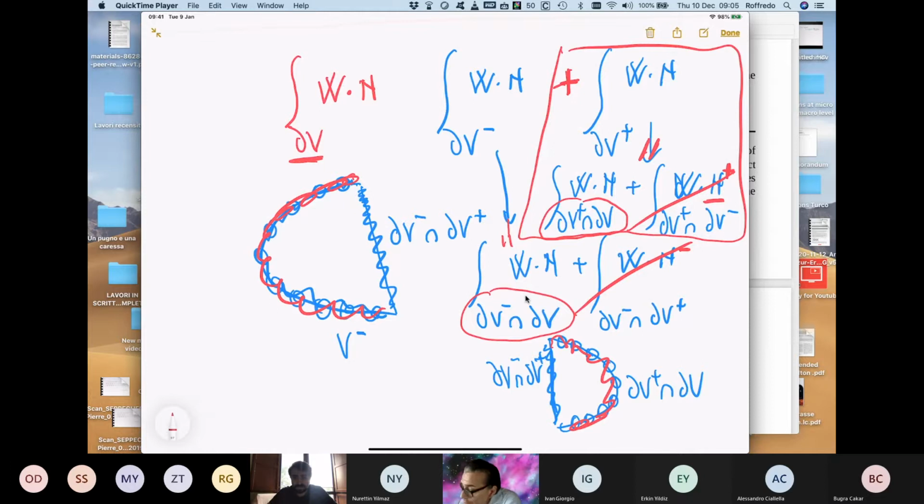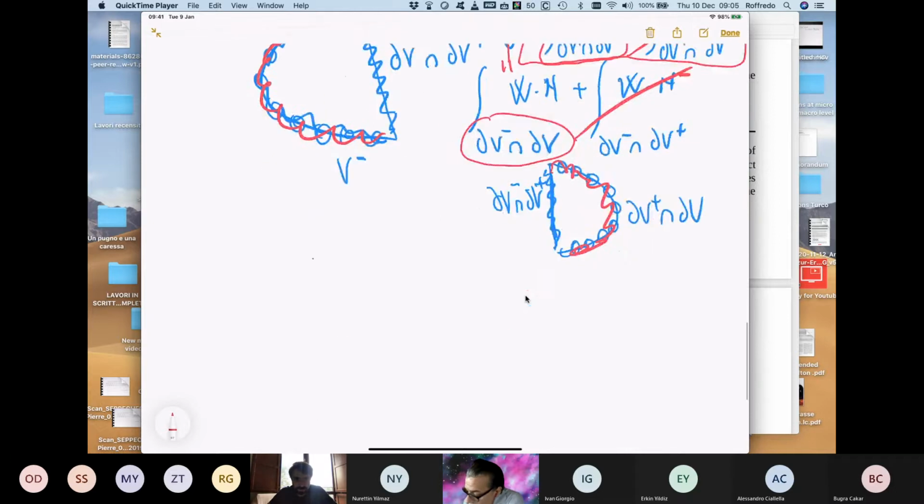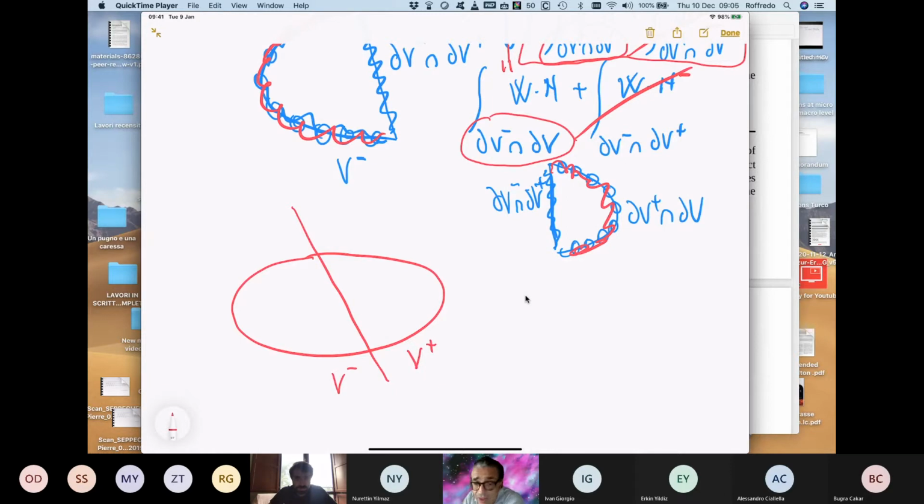Okay, so we have this equality. What we discover, which is very important, is that the flux through the boundary of V minus and the flux through the boundary of V plus are additive.